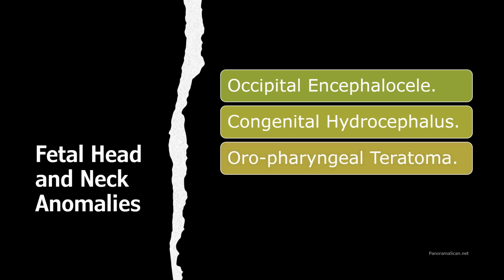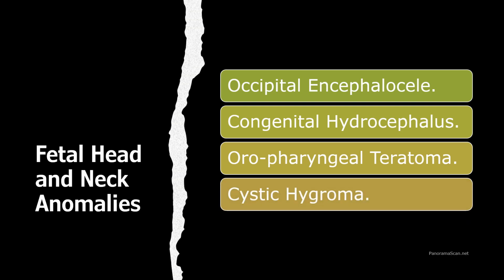Oropharyngeal teratoma is a rare tumor that can obstruct the airway, posing significant challenges for prenatal management and delivery. Finally, cystic hygroma, where there is a lymphatic malformation often associated with chromosomal abnormalities, particularly in the first trimester.